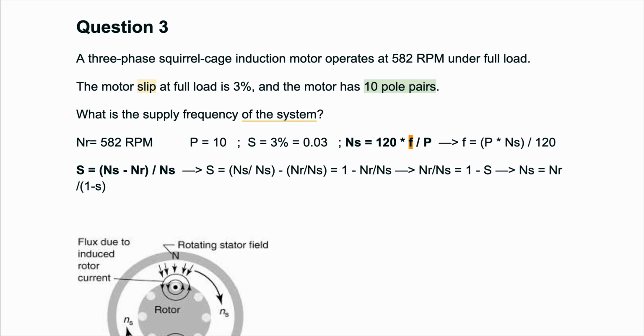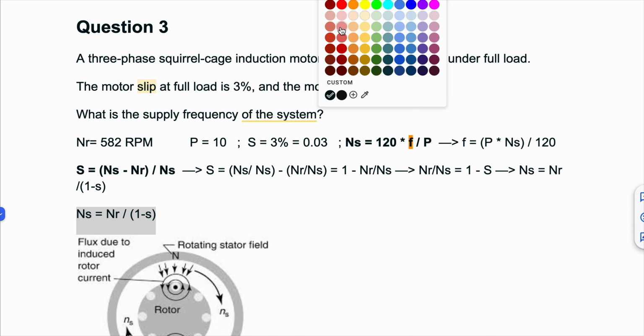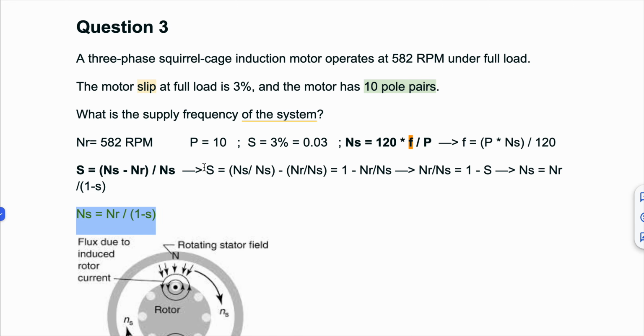Let me write it again here clearly. NS equal to NR divided by 1 minus S. This is the new equation, and we can use it for this kind of question.